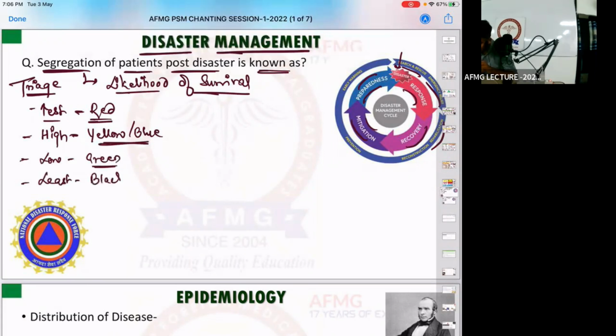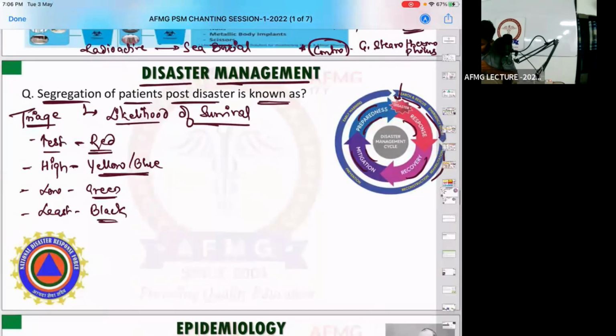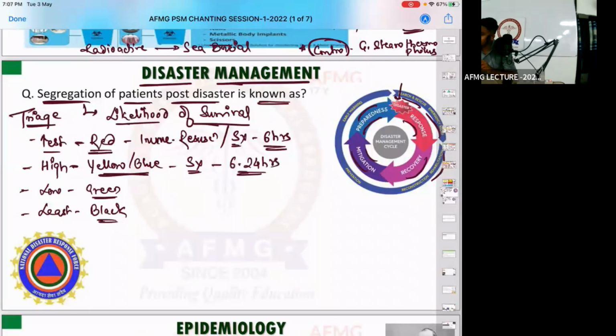Now quickly. In the red category, the patient requires immediate resuscitation or limb or life-saving surgery within a period of 6 hours. A person requiring limb or life-saving surgery within 6 to 24 hours is included in yellow or blue.